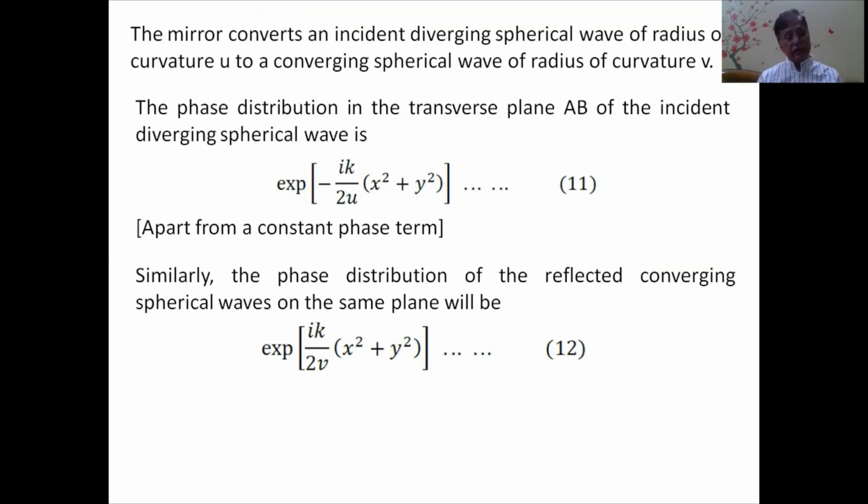Similarly, the phase distribution of the reflected converging spherical wave on the same plane, that is AB, will be exponential i k by twice v x square plus y square. Now, this is the phase distribution at AB for the incident diverging spherical wave, and this is the phase distribution of the reflected converging spherical wave on the same plane AB.